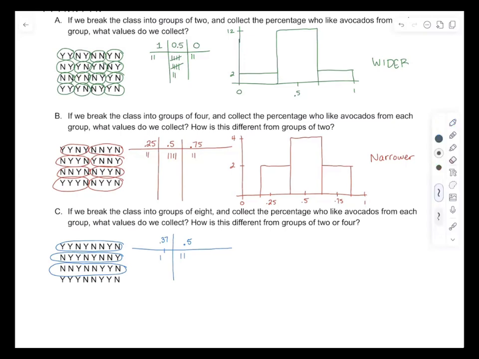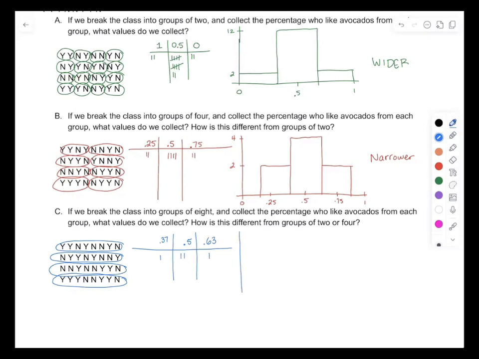Let me erase this extra line so we don't get confused. And then in the last group, I have 5 Ys and 3 nos. So that's on the other side over here. 5/8 is 0.625. We'll put that at 0.63. So I've got 1 over there.